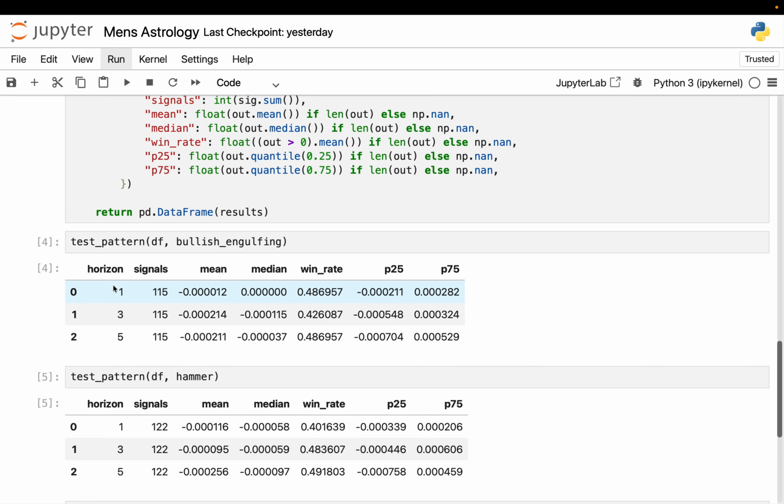On the 1 minute horizon, the average return is essentially 0. 3 minutes, negative. 5 minutes, negative. The median return is also negative beyond the first minute. That means the typical trade loses money, not just outliers.